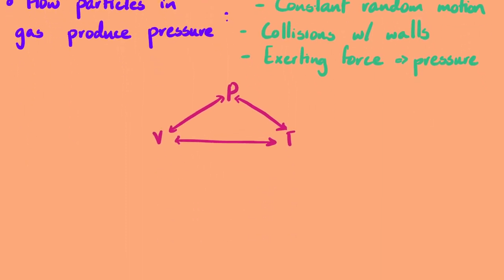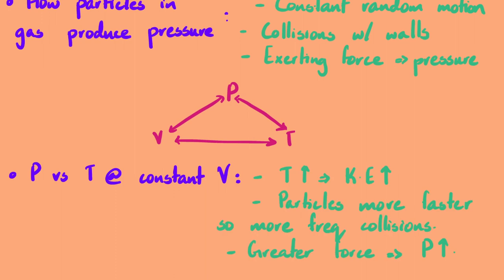So for example, if we first talk about the relationship between pressure and temperature at constant volume. So this is the explanation in this case. First off, for example, if the examiner says what's going to happen if the temperature increases, you should link this with the movement of the particles.